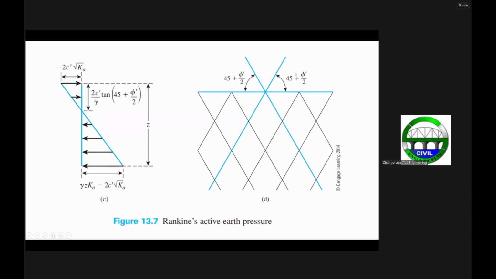This is now your failure planes with respect to the active earth pressure condition. If the wall is somewhere here, then this is your failure plane at a certain angle from the horizontal. And if your wall is somewhere here, then this is your failure plane. But they are just the same, depending on the location of your retaining wall, either this side or this side.